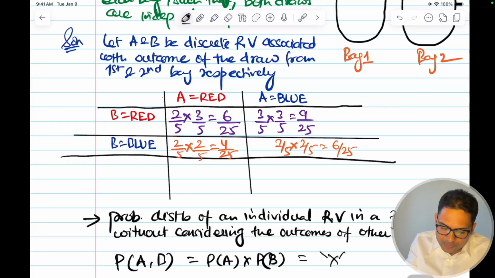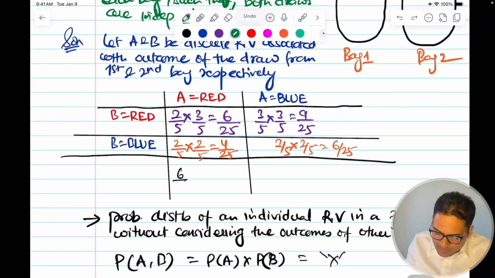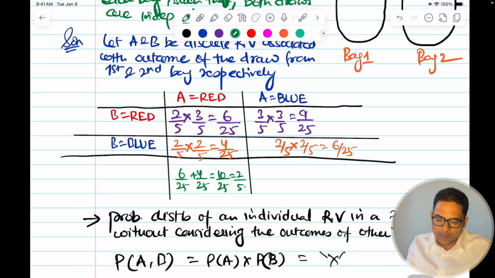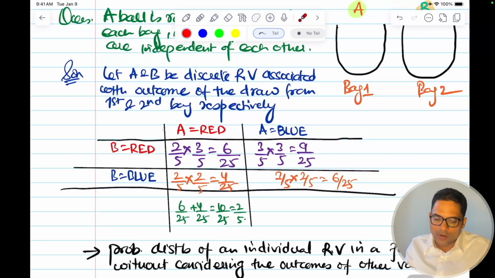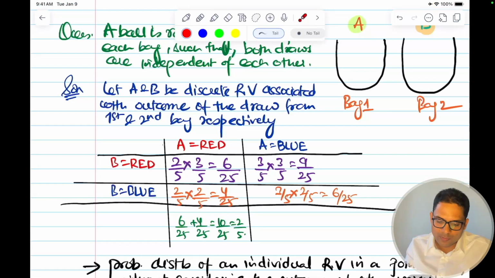Let me use a different color. For example, this is 6 by 25 plus 4 by 25. This is equal to 10 by 25 or 2 by 5. Can I say this is the probability of A? 2 by 5. What were the balls here? Let me draw it back.